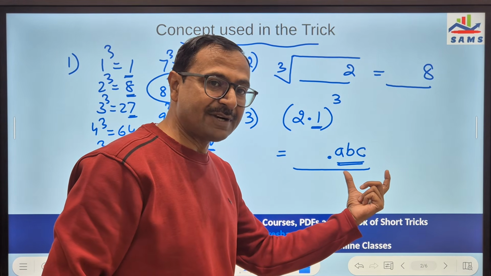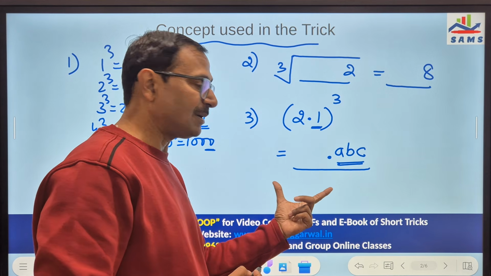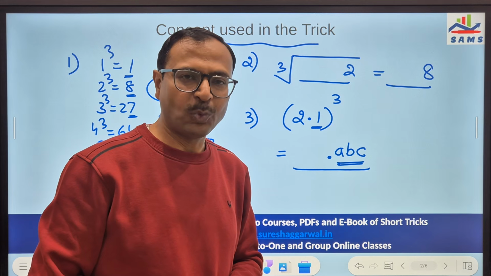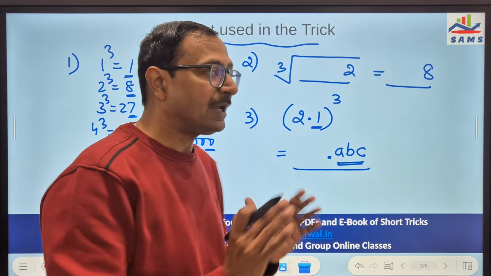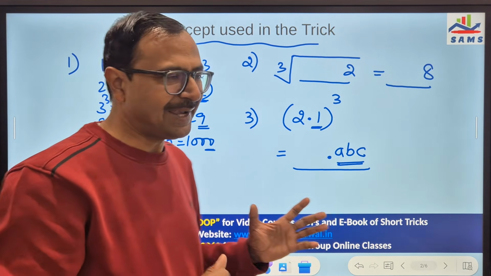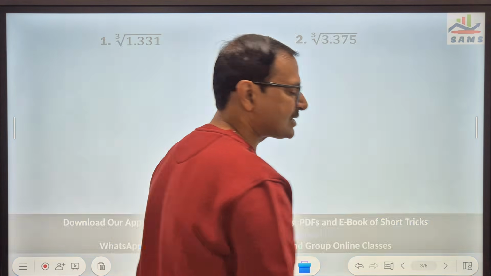So 3 digits after decimal means 1 digit after decimal in the cube root of this number. Triplets, that is one more important thing you should know. All triplets constitute a single digit in the cube root. So if you know these things, we can now apply it to solve some questions.